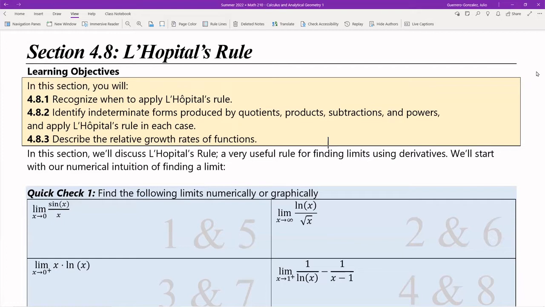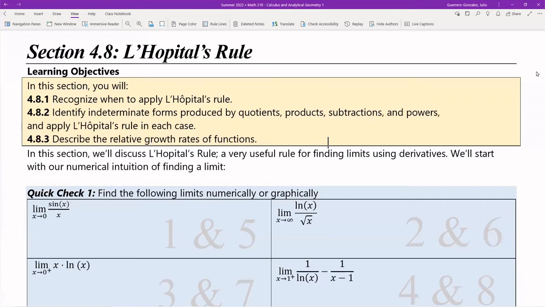Basically, there's a bunch of equations and expressions that at the moment we know how to take the limit for. At the very least, if we need to find the limit, we can do it numerically. If you remember how I made you do those tables that go like 4.8, 4.9, 4.99, 4.999, and then from the other end, 5.1, 5.01, 5.001, I made you get closer to a specific value.